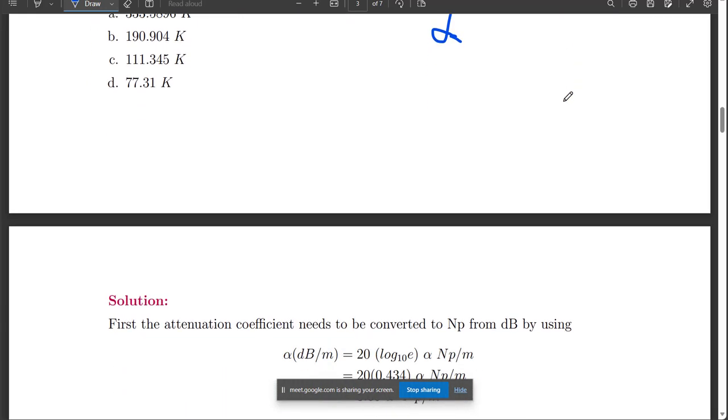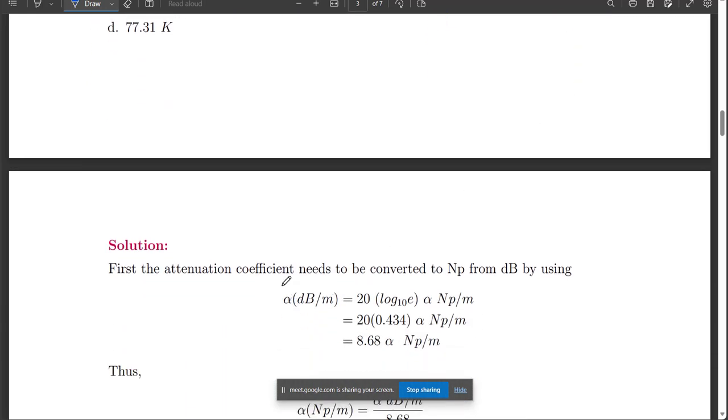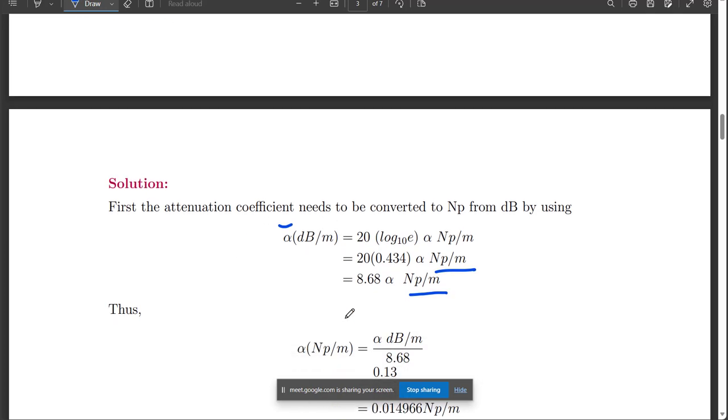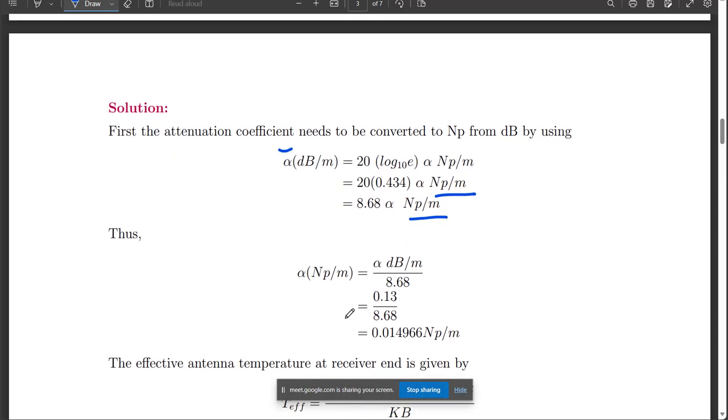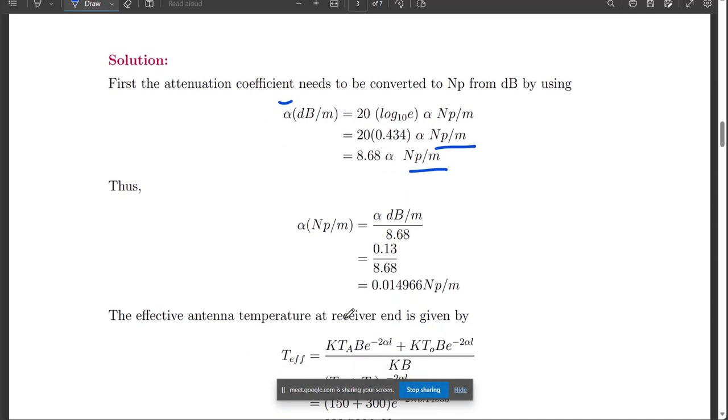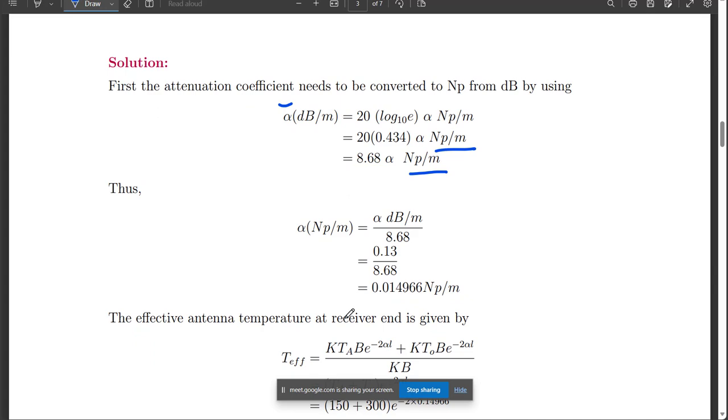So the first thing that you have to do is convert the attenuation constant into Nepers per meter. First, find out the attenuation constant in Nepers per meter. Why am I asking you this? Because the formula for effective antenna temperature at the receiving end has alpha in it, and this alpha is the attenuation constant.